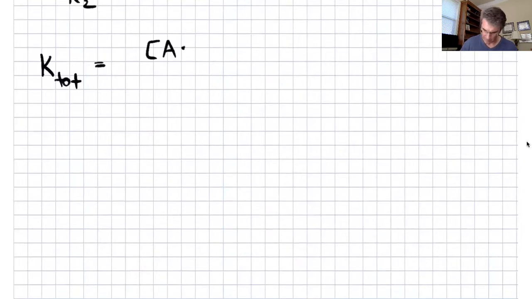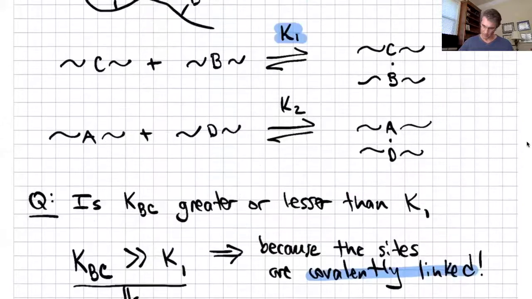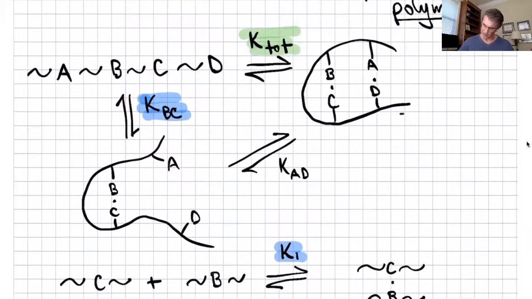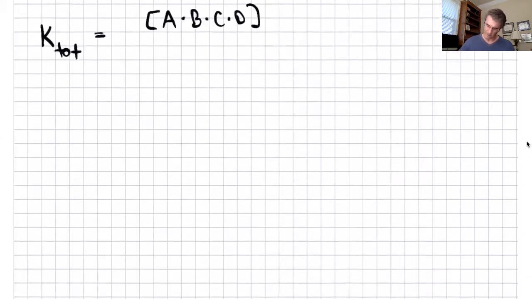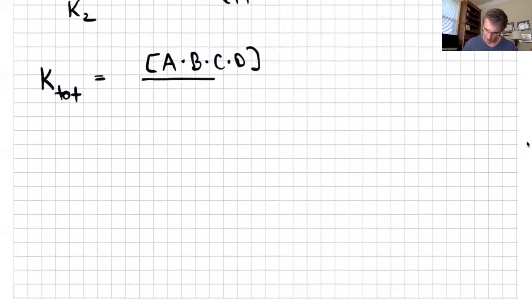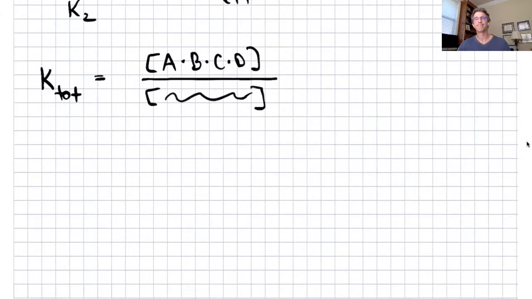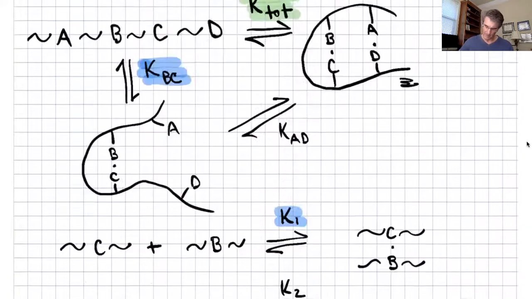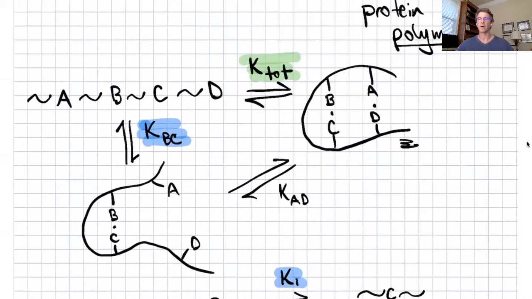I'm going to represent the fully folded species with all of those hydrogen bonds in place as A.B.C.D, so that's basically this species here. And I'm going to divide that, of course, by the reactants, and I'm just going to do that with a squiggle. My squiggle is this guy, the unfolded polypeptide, no interactions, over here.